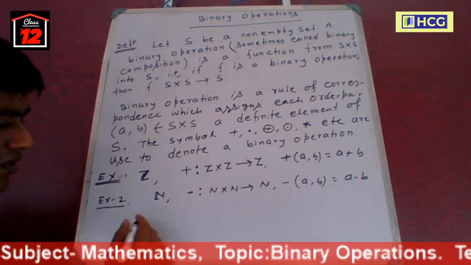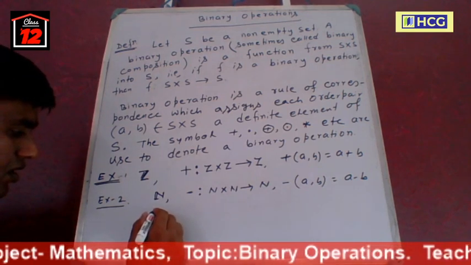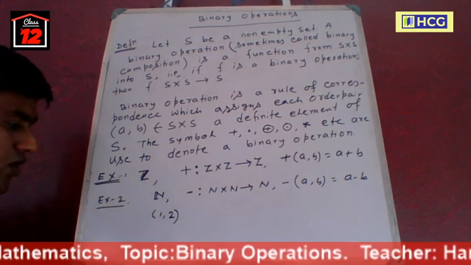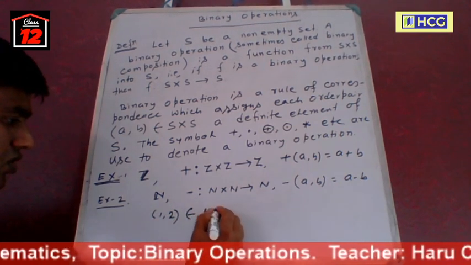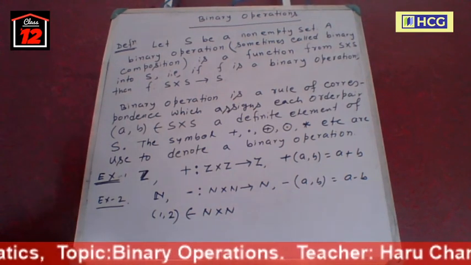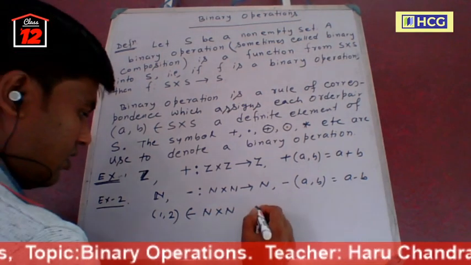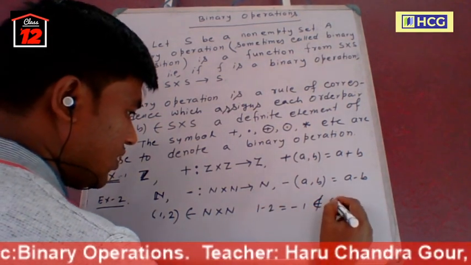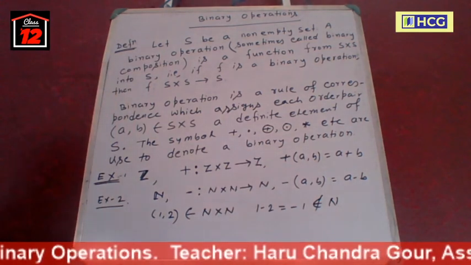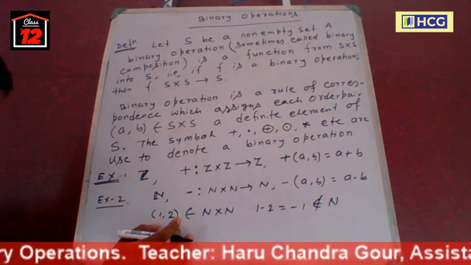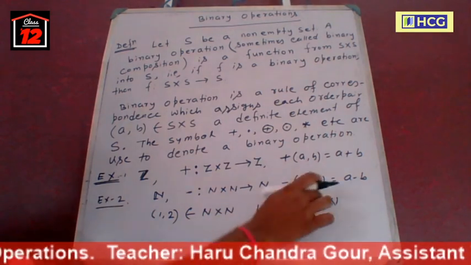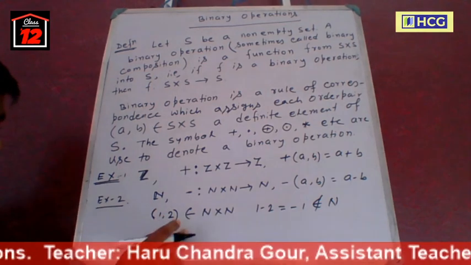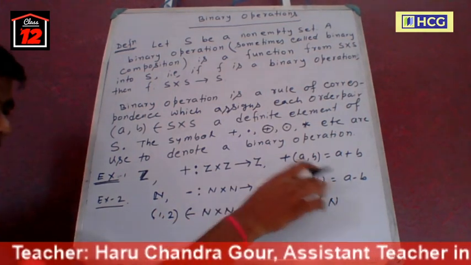Now we check: the ordered pair (1, 2) belongs to N cross N, and 1 minus 2 equals minus 1, which does not belong to N. Minus 1 is not a natural number, so this element is not assigned a natural number. So this element has no image in the natural number set.